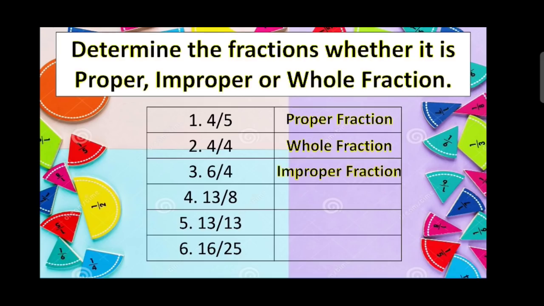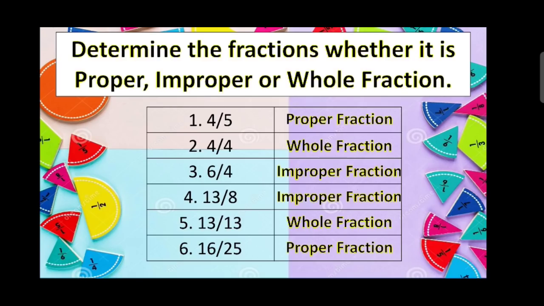Then yung number 4, 13 over 8. O mas mataas yung numerator kaysa kay denominator. Ito ay improper fraction. Paano yung number 5? Same lang. Pag same numerator and denominator, ito ay whole fraction. And lastly, 16 over 25. We all know that 16 ay mas mababa sa 25. So, mas mababa yung numerator kay denominator. That's why ito ay proper fraction.